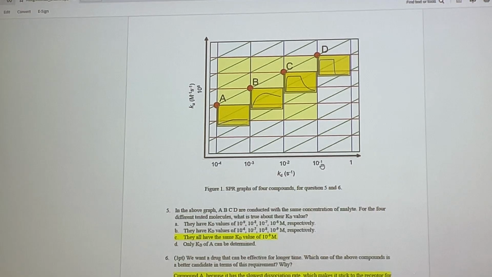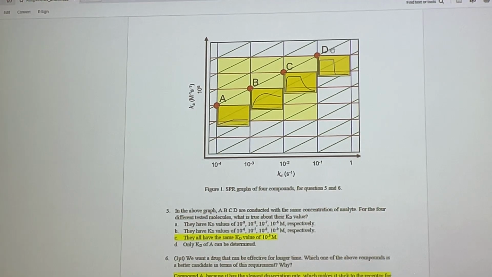And this is also about the SPR experiment, and it asks you more quantitatively. It plots the dissociation rate, the kd, and the association rate, the ka, on two axes. And it has four different compounds, A, B, C, D. But from the lecture, we know that if they fall into a straight line, they should have the same capital KD.